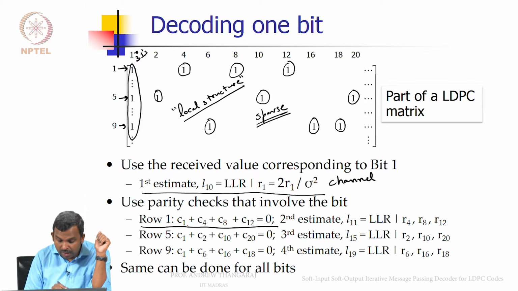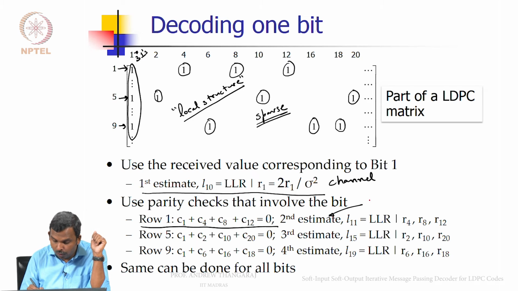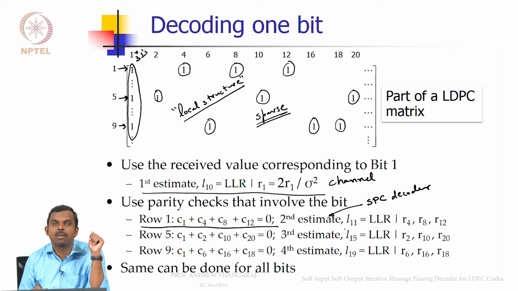Using just the SPC decoder, the second estimate is formed by the single parity check decoder. You can compute another estimate for the first bit, the log likelihood ratio of that bit given R4, R8 and R12. So, how will I do this? I can do the min sum approximation or even the exact computation with the log tan hyperbolic function, etc. You can compute the extrinsic estimate from this. So, this should again be extrinsic.